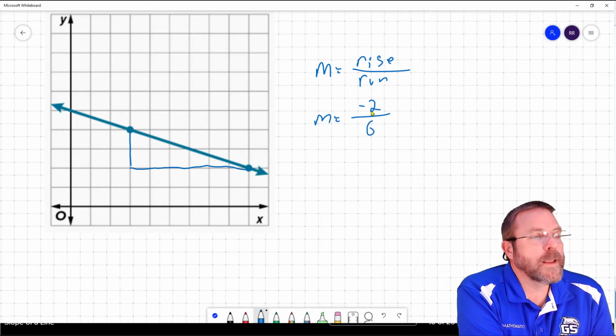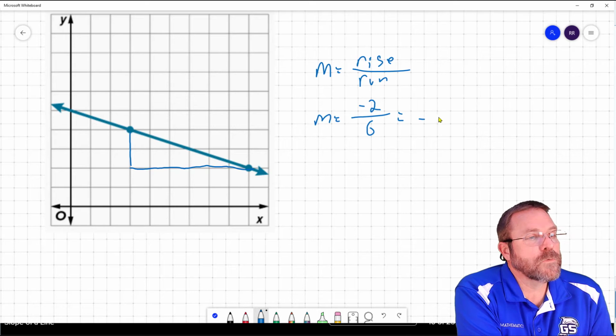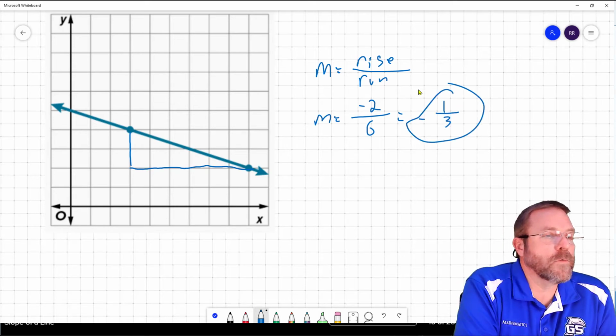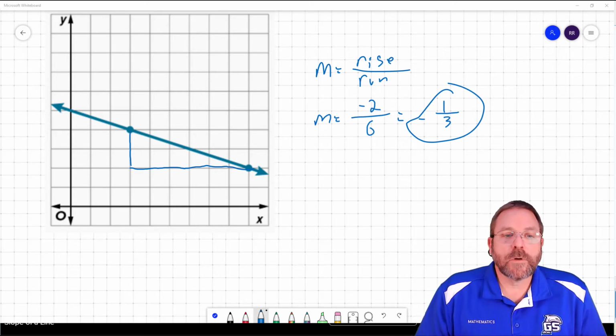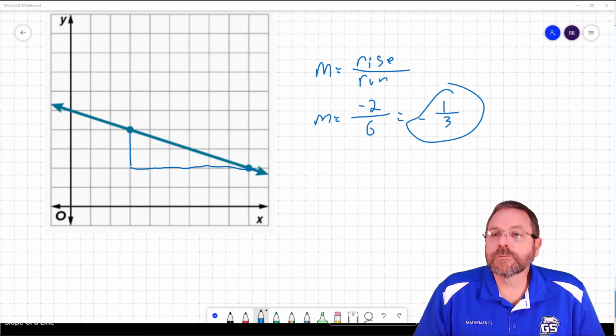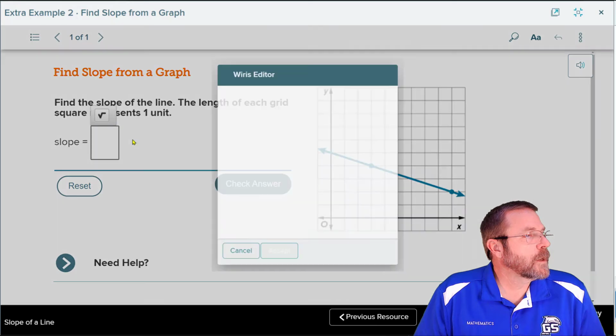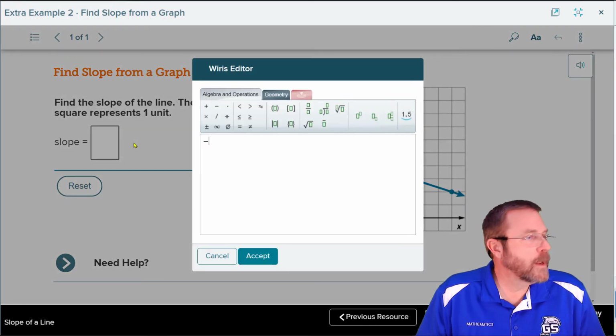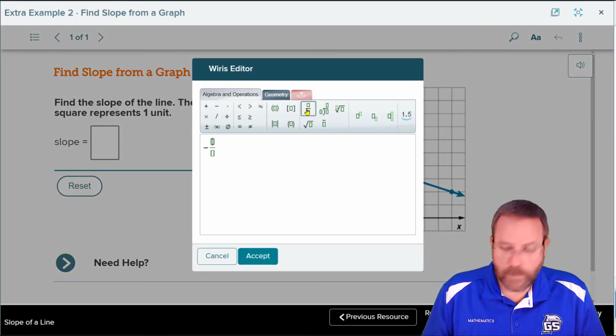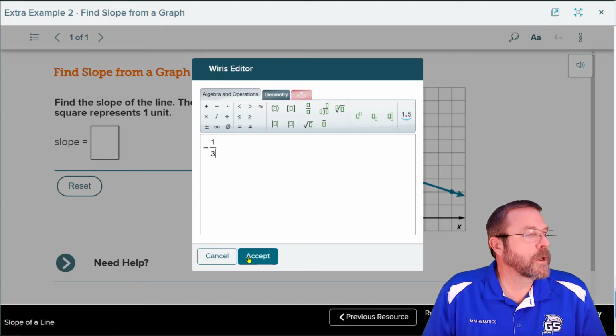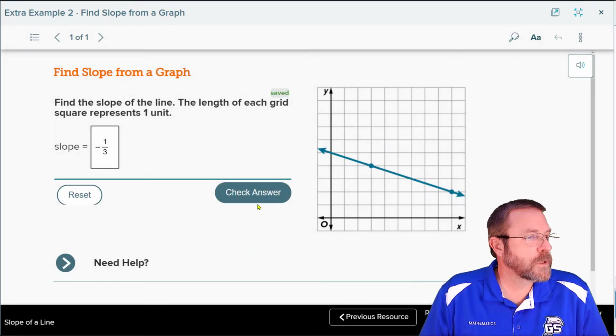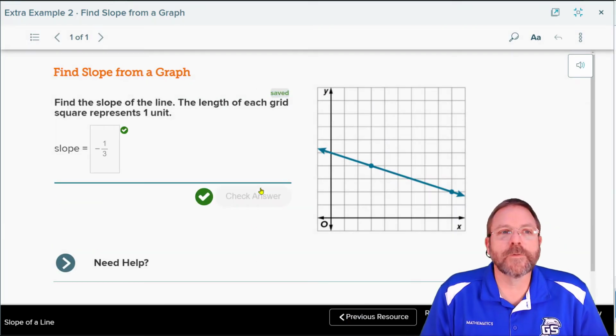So I get -2/6, which is also known as -1/3 for your final answer. Jump back over to our textbook, and we're going to type in our negative fraction bar, 1/3 for a -1/3. Check it, and everything's good.